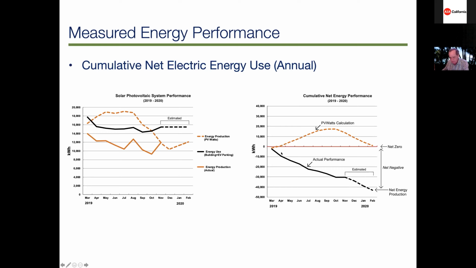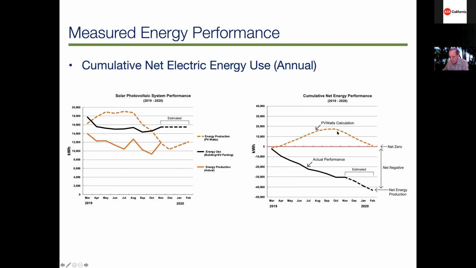The next month, you do the same calculation, then add it to the previous month. And in this case, again, the use was greater than that produced. And so they kept getting negative numbers added up cumulatively. And when you get to the end of the year, you're supposed to be at zero, net zero. And they were, in fact, net negative because of the failed inverter and the dirty PV panels.